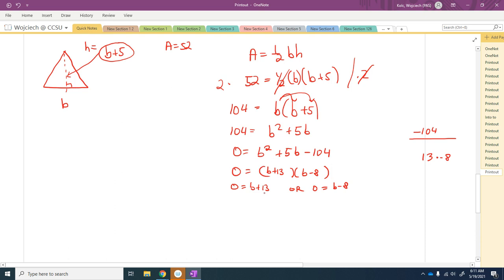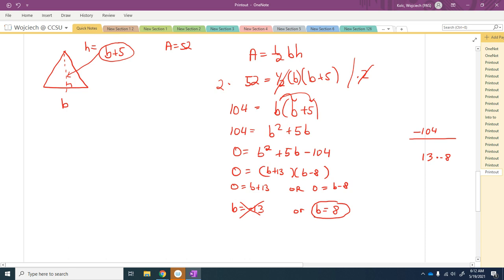Okay, when you move 13 to the other side, b equals negative 13 or b equals positive 8. Now, distance cannot be negative, therefore I'm going to eliminate this answer. So my final answer, b is equal to 8.